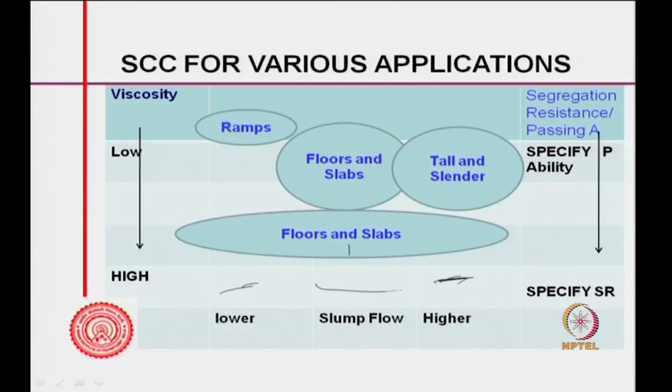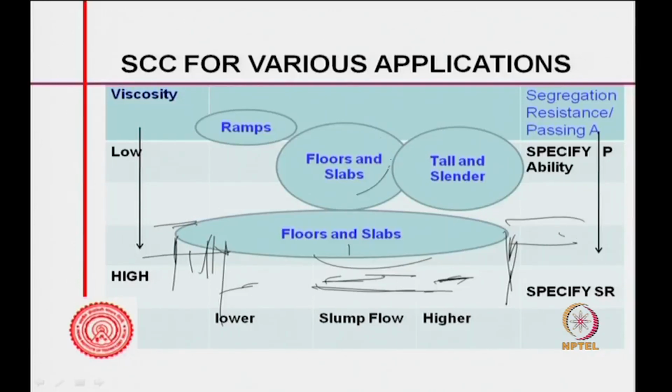So, for example, for ordinary floors and slabs, slightly thicker, you could have very low viscosity to high viscosity, high slump flow. Of course, the viscosity is somewhere there and segregation resistance could be there, but in some other thin structures, thin floors and slabs, it would be like this.